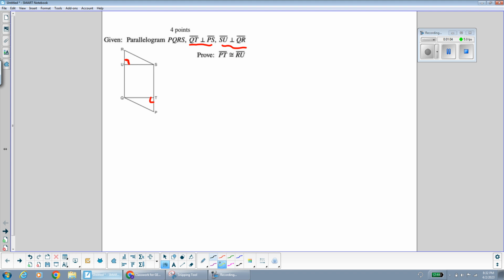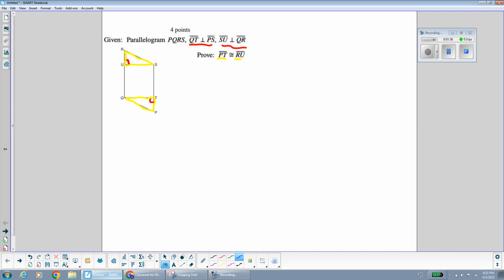PT is a side of this triangle over here that I'm highlighting in yellow, and RU is a side of this triangle over here that I'm also highlighting in yellow. So if I want to prove that corresponding sides of two triangles are congruent, my first step is going to be to prove the triangles themselves congruent.